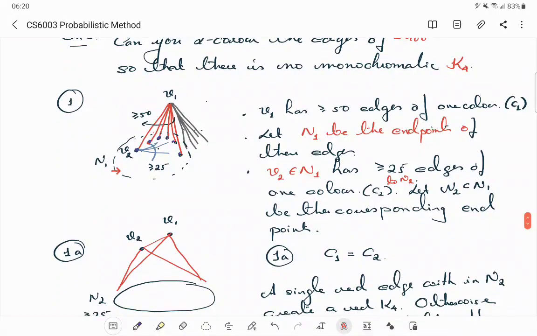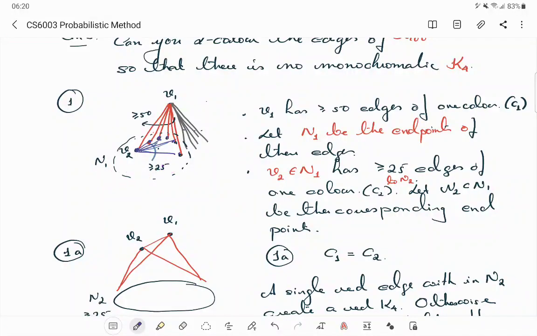So pick any vertex V2 from N1, and then look at the edges which go to the remaining vertices inside N1. Remember, the vertices outside have been deleted from your mind, so don't even think about what happens to the edges which go to them.